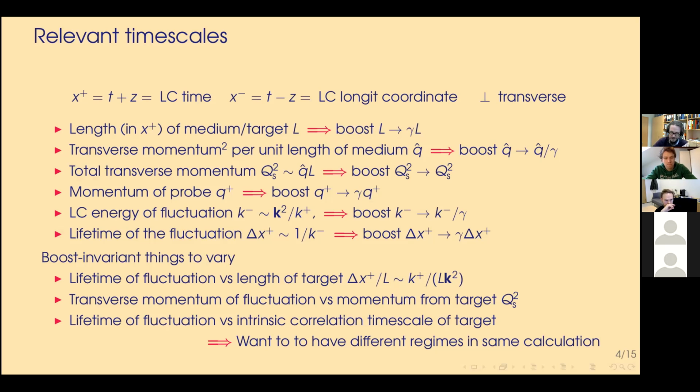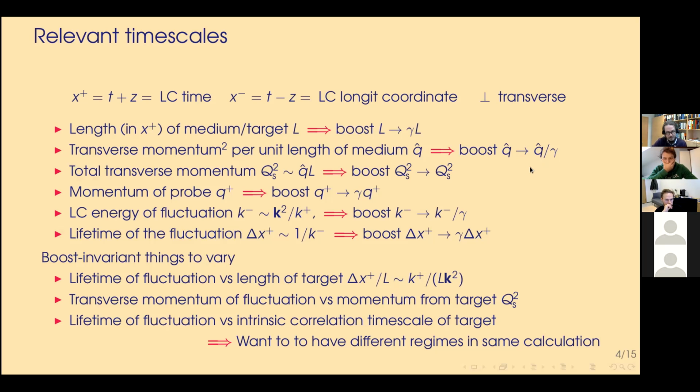It tells you that when your high energy particle is going in the z direction, it also gets kicks in the transverse direction, depending on how long it goes in the medium. Since this is a transverse momentum per unit length, and length is not boost invariant, q hat is also not boost invariant. It changes when you go to a different Lorentz frame.